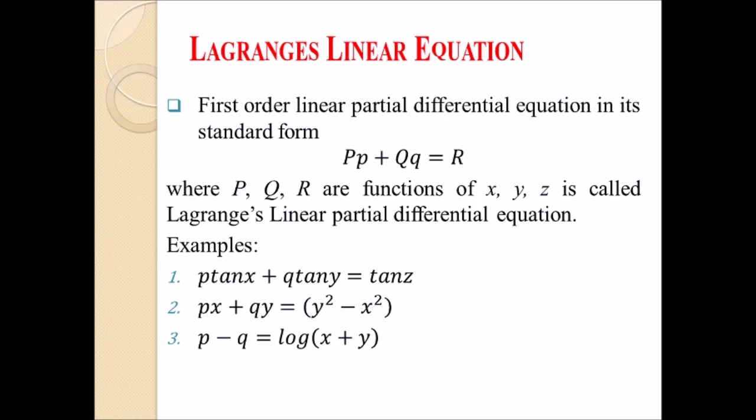The first order linear partial differential equation in the standard form is given by P p plus Q q equal to R, where capital P, capital Q, capital R are functions of x, y, z or constants, and small p is nothing but dou z by dou x, q is dou z by dou y.